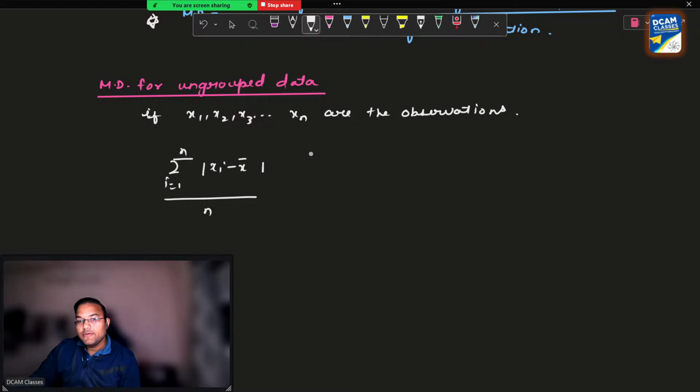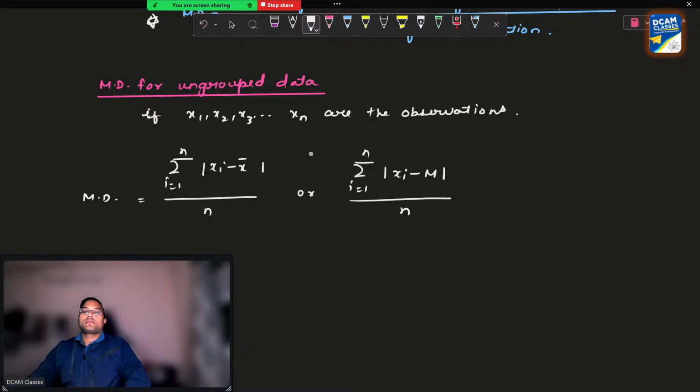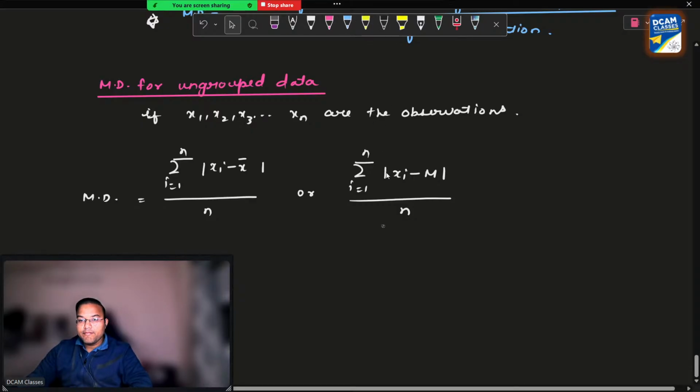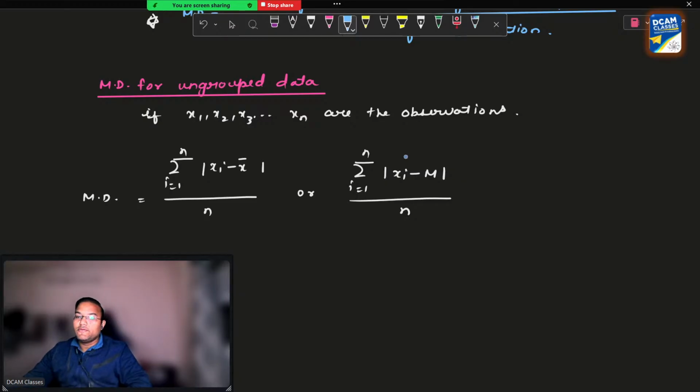See, what you have to be careful about is that most of the students actually make a mistake here. This is modulus. So sometimes there will be values like 1, 3, 5, 7, 9.